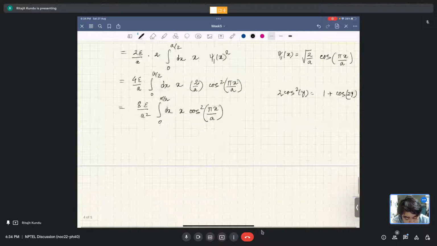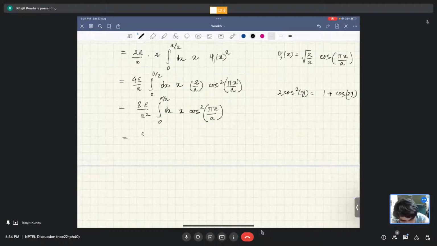So we'll use that formula here. I am taking 1 2 from this 8 and it becomes 4. So cosine 2 pi x by a.